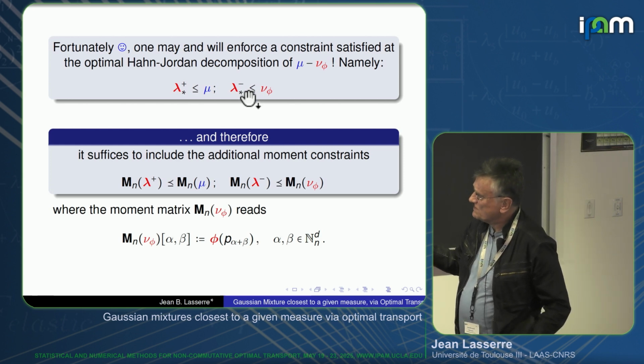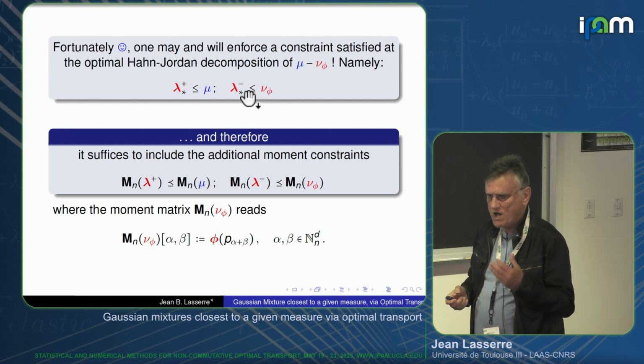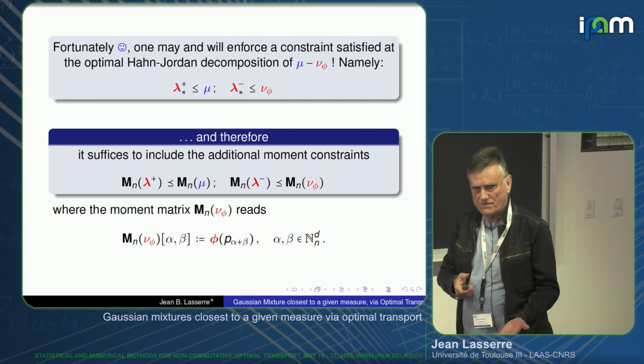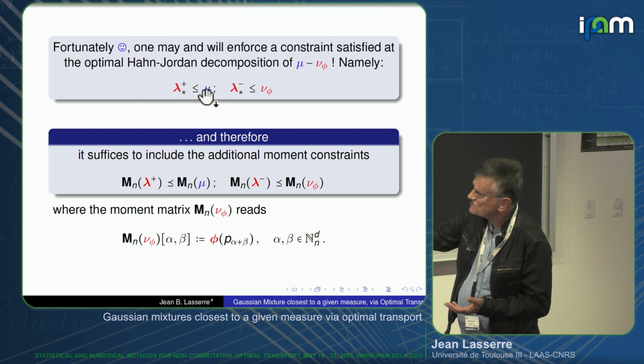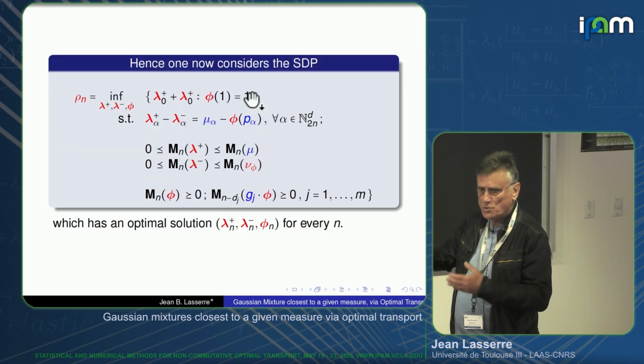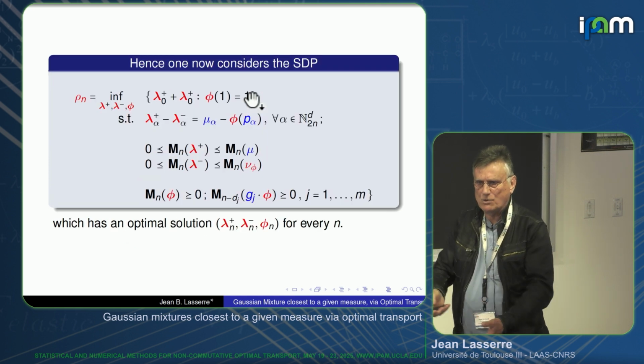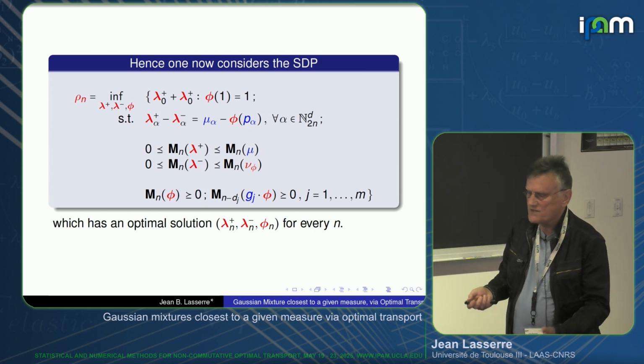But then, this is information that you have on the optimal solution that you want to look for. You want to compute an optimal solution, and you know that the optimal solution should satisfy this. So you put that in your relaxation, because you know that at the end you have to satisfy this.